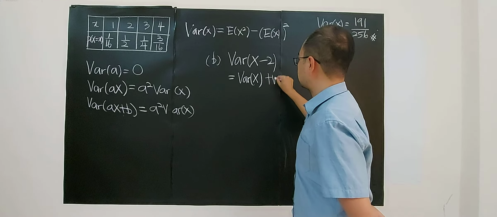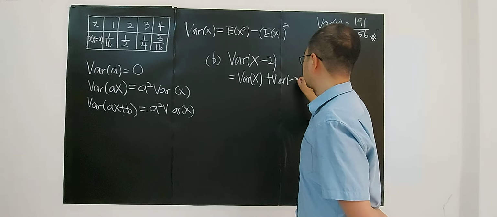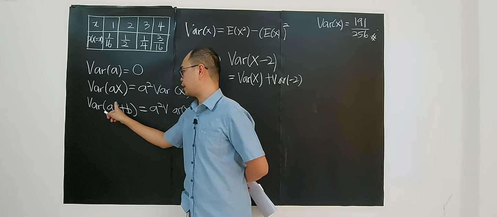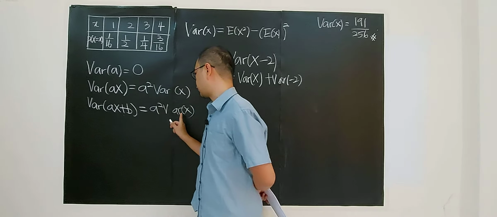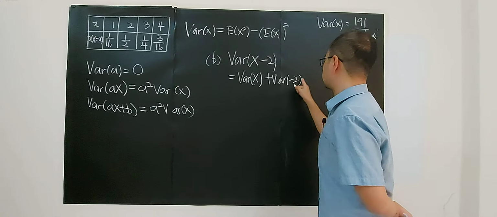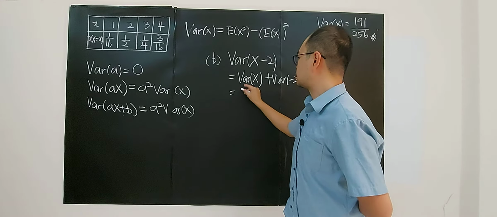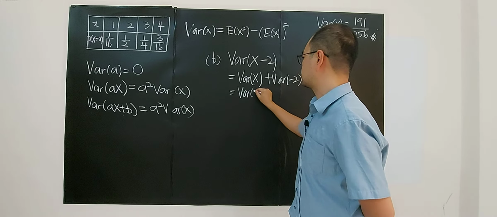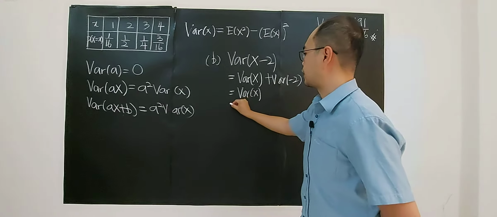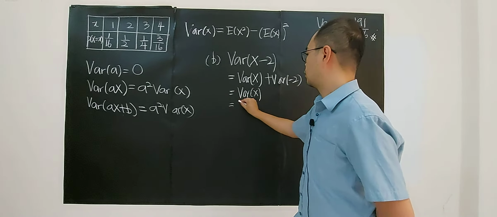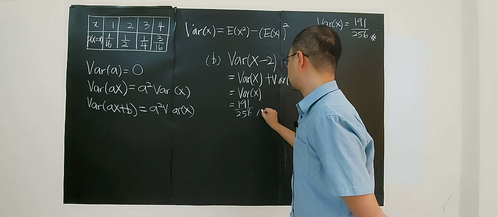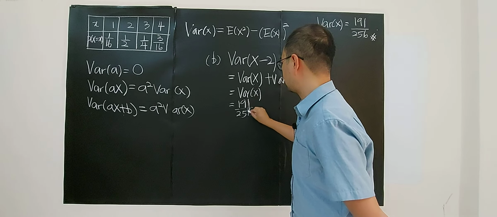Very simple. You could write it as the variance of x plus the variance of negative 2, but I never write this because I know that the variance of ax is a squared variance of x, and the variance of b is 0. Just like the variance of negative 2 becomes 0. So it's the same value as the variance of x, which is 191 over 256. This will be your answer.